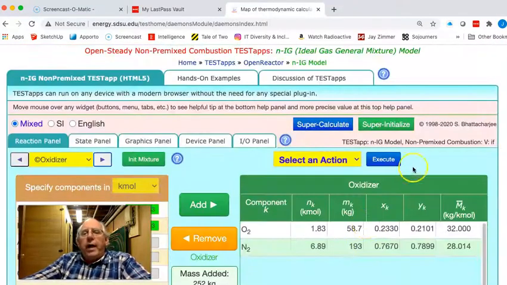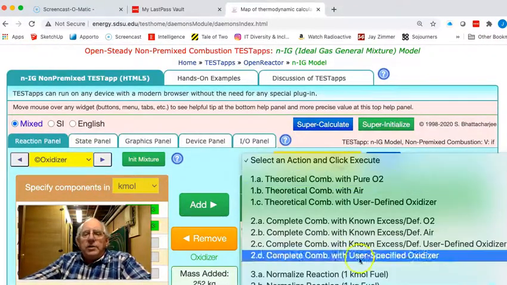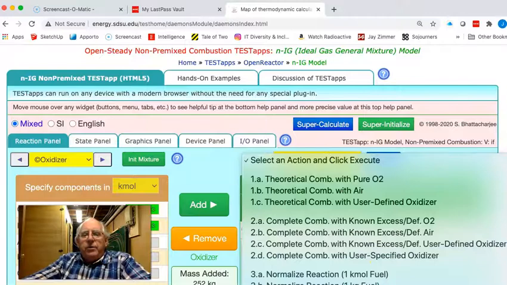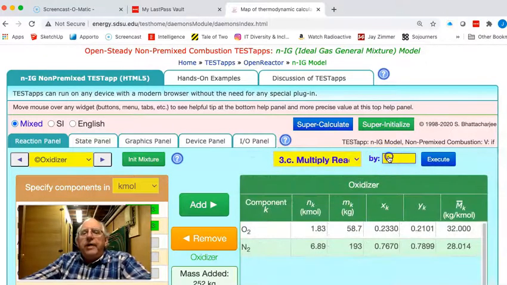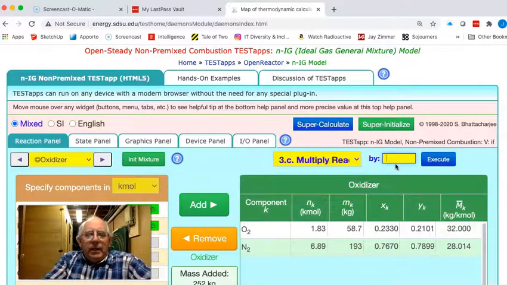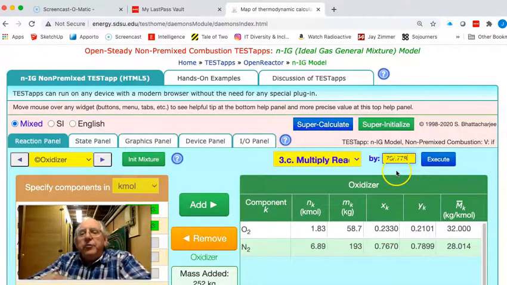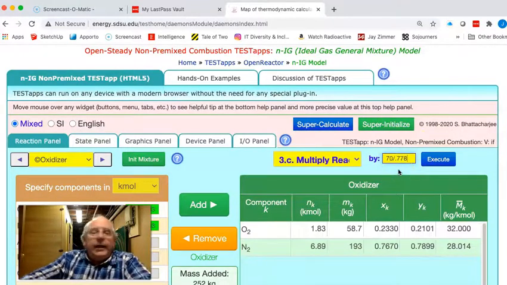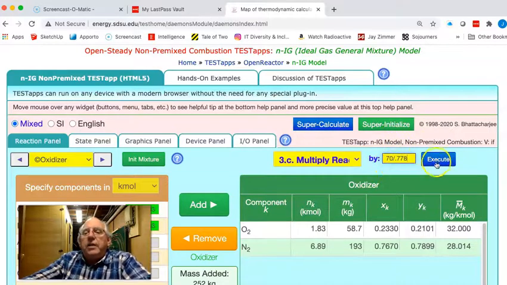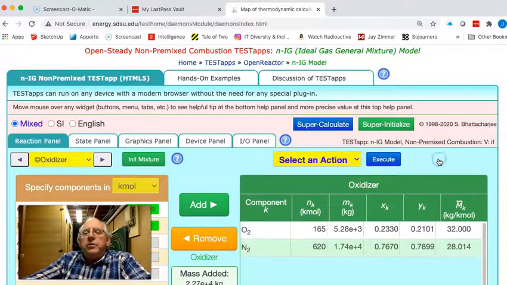And I'm going to show you what happens when I do that. So it's called multiply by a factor. And the factor is going to be 70 divided by 0.778. And so I could either do the calculation, or I can have the system do the calculation, and I do an execute.